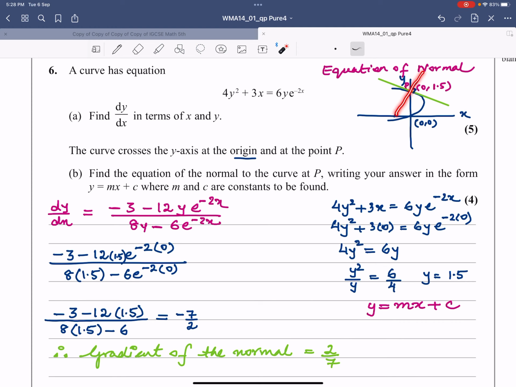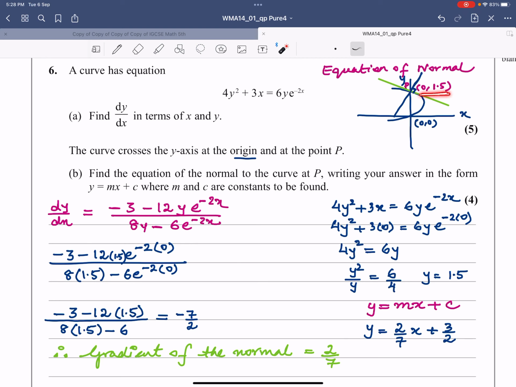And since we already have the y-intercept, we can straight away write the equation of the line. So the equation of the line is y is equal to 2/7 x plus 1.5, or we can write it as 3/2. So in this case it was very easy because we had a point which is already on the y-axis.